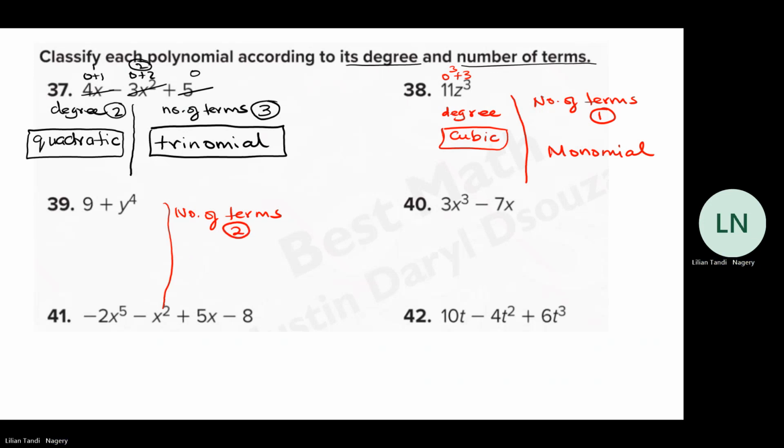So binomial, because it is 2. And then, because the degree is 0 here, and the degree is 4, the fourth degree is quartic.